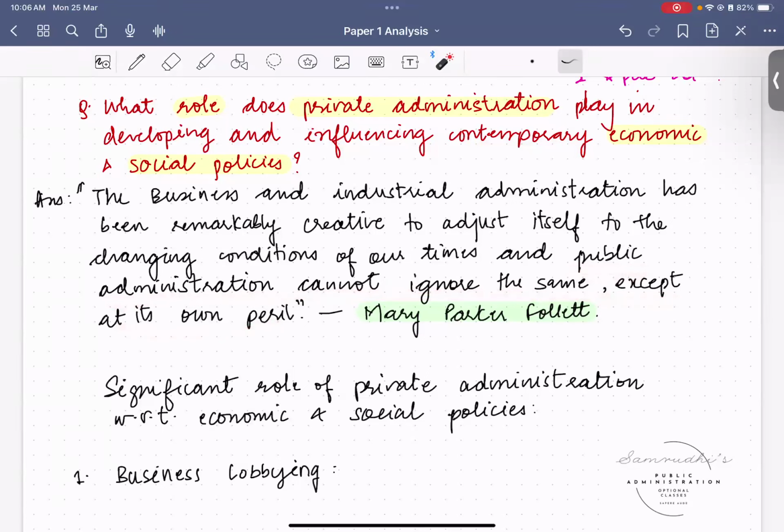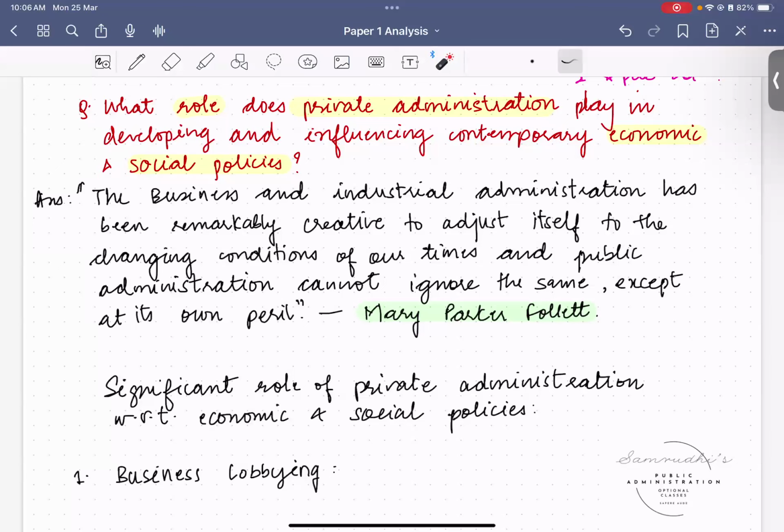She says that public administration is in an environment where it is always subject to a lot of things, and private administration has been able to adjust and adapt itself to that environment.